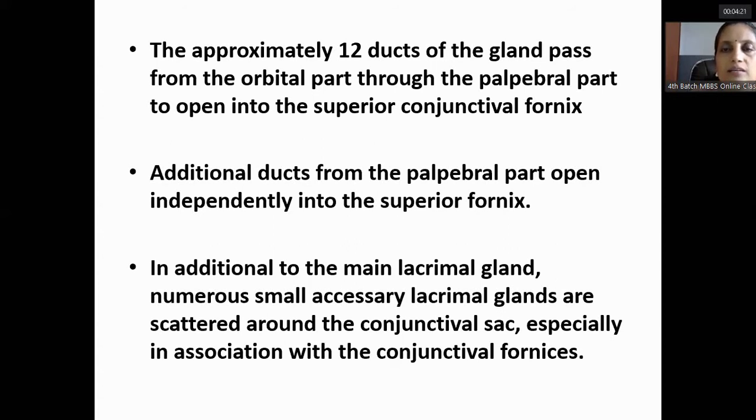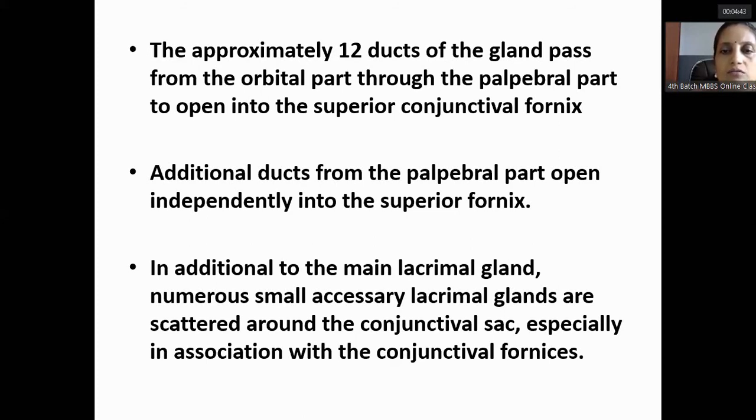So some of these 12 ducts pass from the orbital part to the palpebral part and open, and some additional ducts from the palpebral part open independently and drain directly into the superior fornix.